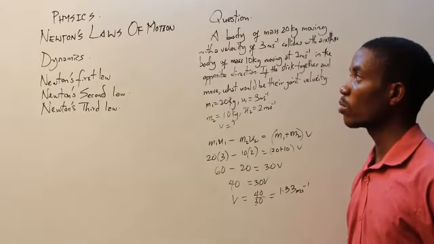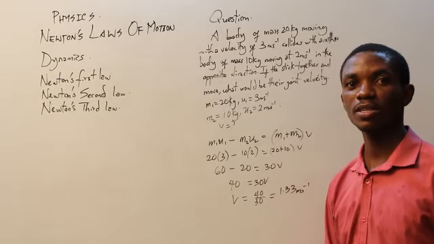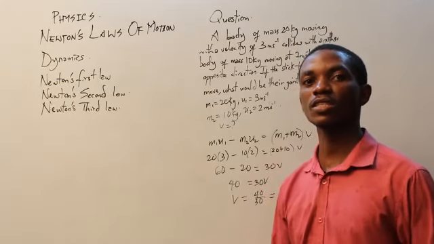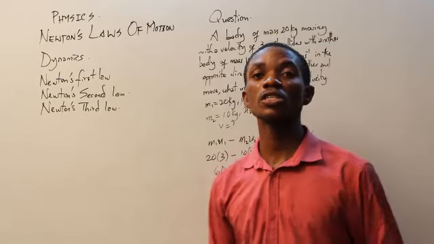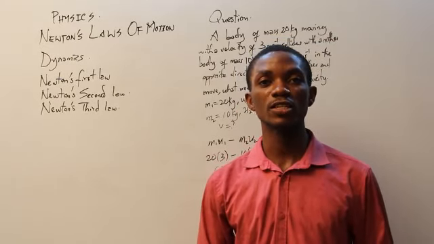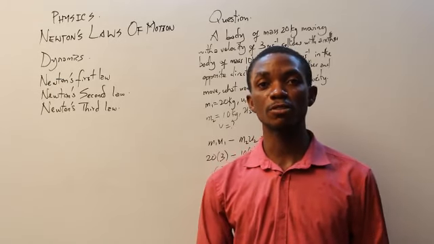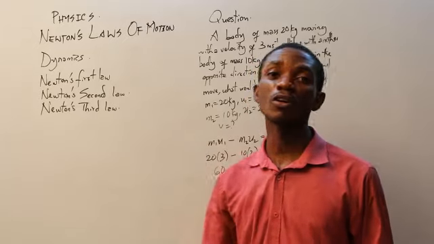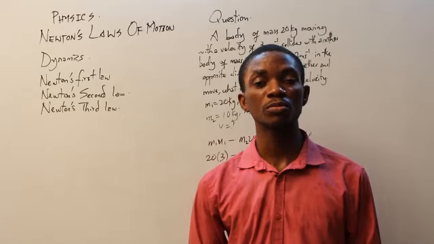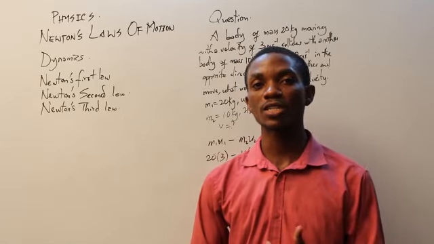In this topic, where we looked at Newton's laws of motion, we described dynamics as the study of motion and the things causing the motion. We discussed Newton's first law of motion, which states that a body would remain in a state of rest or constant motion unless an external force is applied to it. And we said the second law of motion says that the time rate of change of momentum is directly proportional to the force applied.